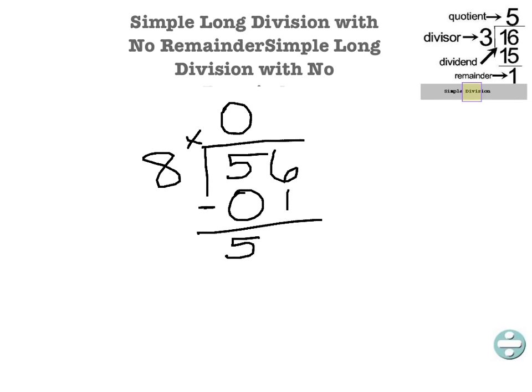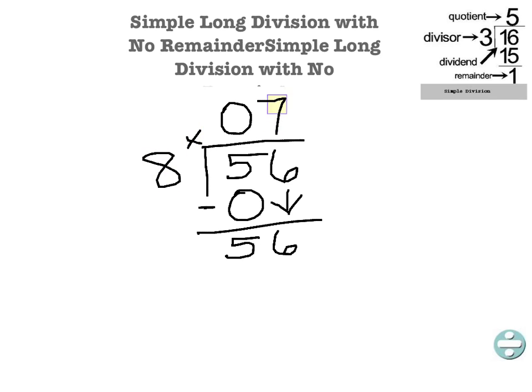You bring down the next number, and now you have to ask yourself how many times 8 can go into 56. Or another way of saying it is 8 times what is 56? And the answer is 8 times 7. That's right. The 7 goes above the 6. And because we put a number up here in the quotient area, it means that we have to take the 7 and multiply it by the number on the outside.